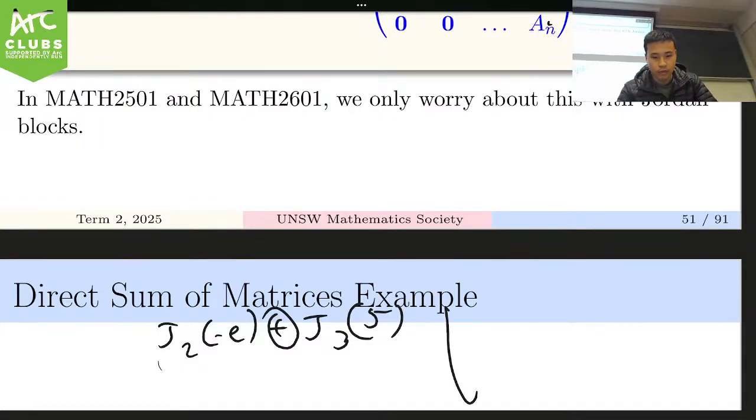So what I should have is negative e, negative e, 1, 0, and then this one here, it's 5, 5, 5, 1, 1, 0.